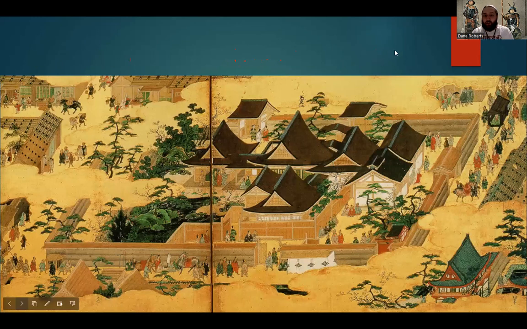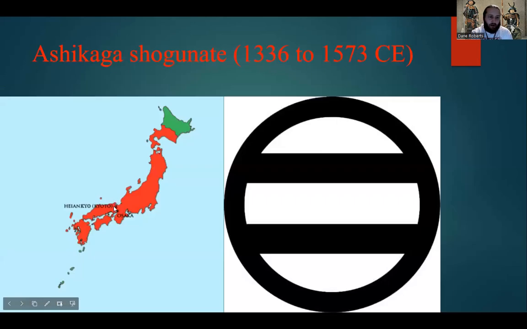And the shoguns, alongside the emperor, made their capital in the city of Kyoto that you see here, which I believe is on the southern part of the big island of Japan. Right over here is Kyoto, which was the traditional capital of Japan overall and the traditional base of both the shogun and the emperor, and of course the headquarters of the Ashikaga shogunate.